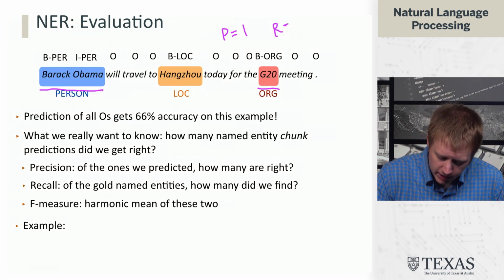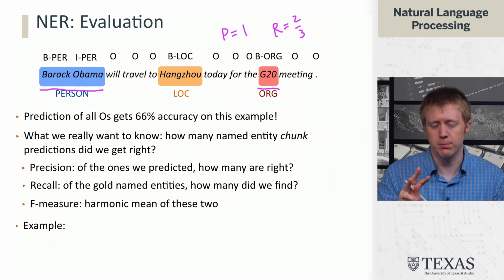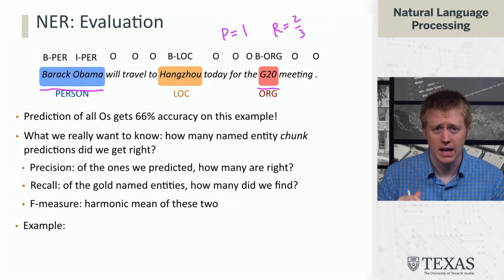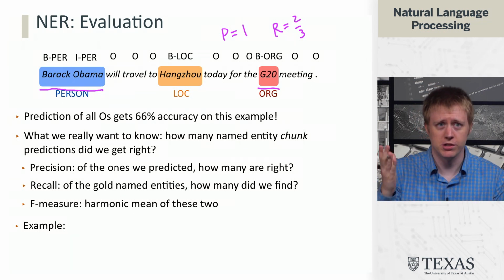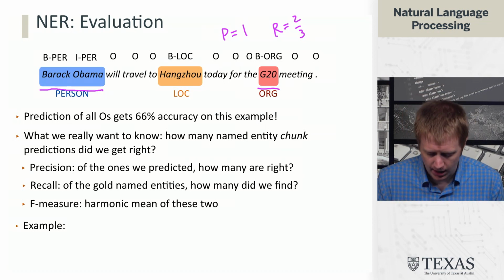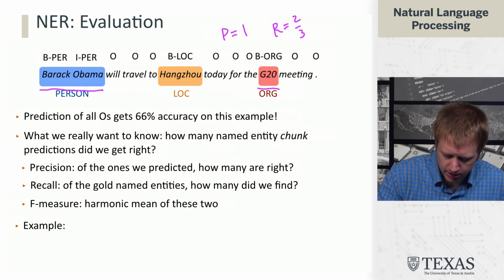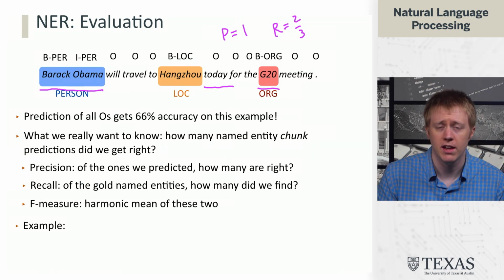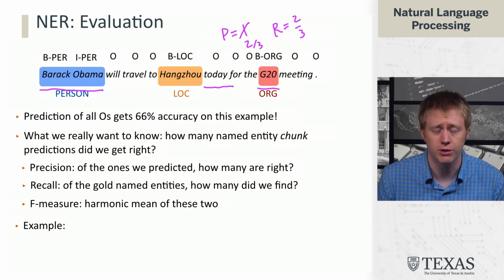The recall here is 2/3 because there were 3 chunks that we should have been finding and we only found 2 of them. And then the F measure is the harmonic mean of those, which is going to be a little closer to the recall than the precision in this case. If instead we predicted a third chunk that was incorrect, then we would have precision of 2/3 and recall of 2/3 both.